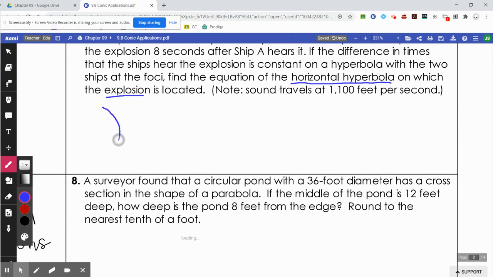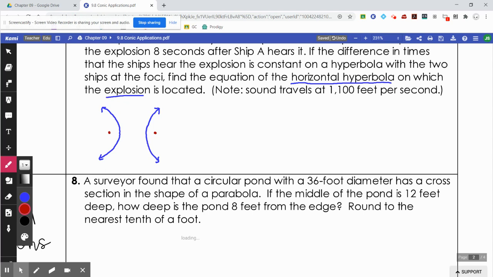And there's some information that we're going to have about hyperbolas that we've not covered in the previous sections. So let me go ahead and draw these hyperbolas. The ships are located at the foci. And now let's go back and talk about the definition of what we mean by a hyperbola.